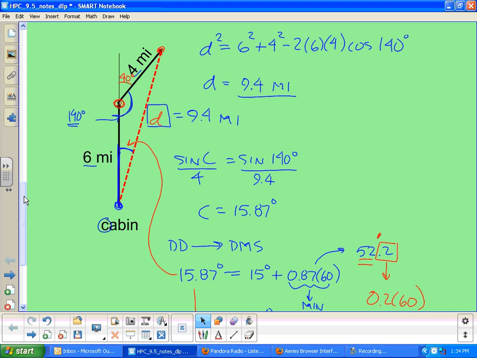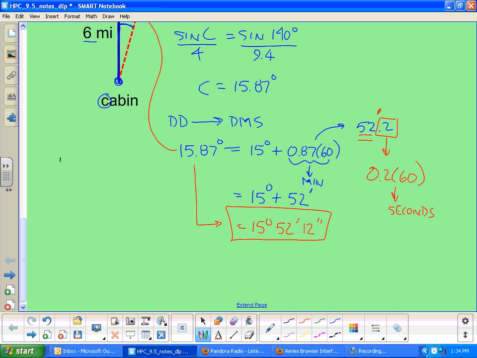If you wanted to express it like a compass reading, you would say north, 15 degrees, 52 minutes, 12 seconds to the east. It would be written as 15 degrees, 52 minutes, 12 seconds east.